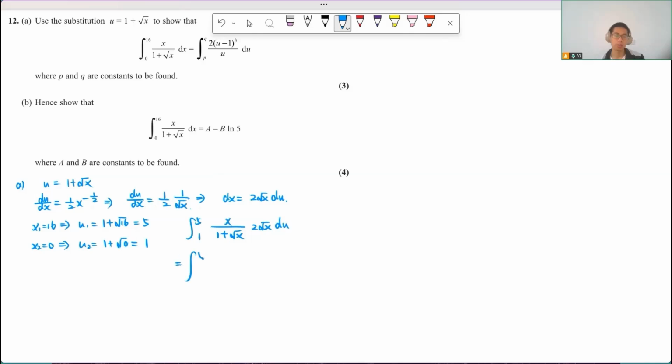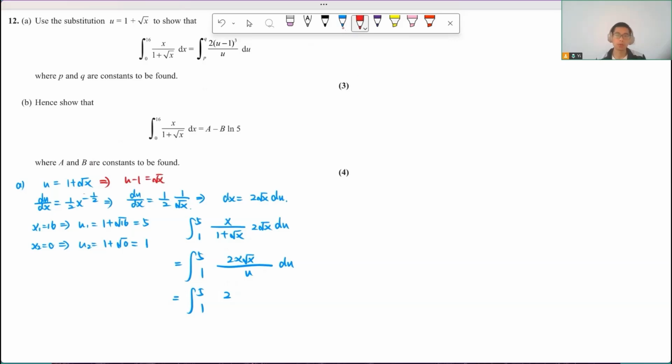And now we just have to change everything in terms of u. So we have u equal to 1 plus root x, so that means we can change the denominator into u straight away. So that would be just u and then du. And now we can try to change those two terms into u as well. If u equal to 1 plus root x, that means u minus 1 equal to root x.